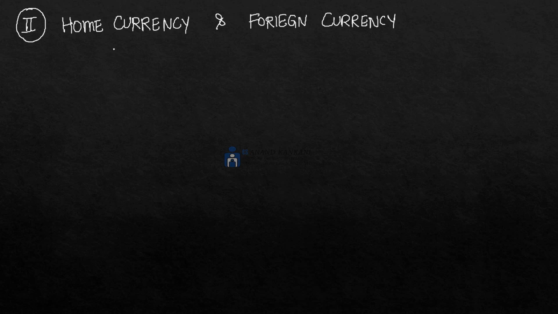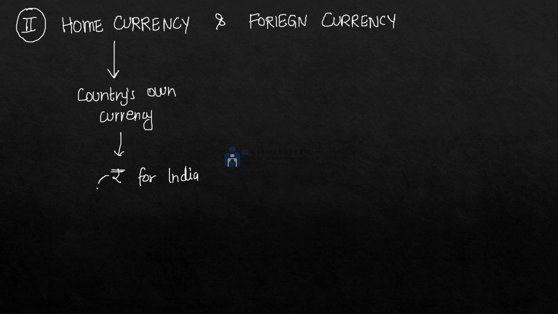Now let us discuss the concept of home currency and foreign currency. Home currency is the country's own currency. For India it is rupees, or in international trade parlance, the Indian rupee. All other currencies are foreign currency for India.